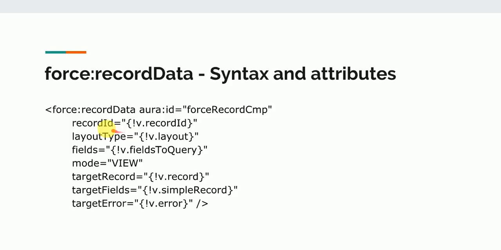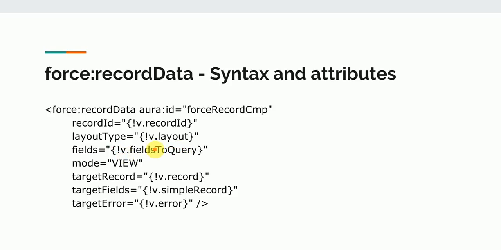Layout type, we can provide two types of layout type, either full or compact, based on our requirement. This layout type is also responsible for which fields are accessible using force:recordData. Fields, the fields to query, we can also specify which fields we want to query here.